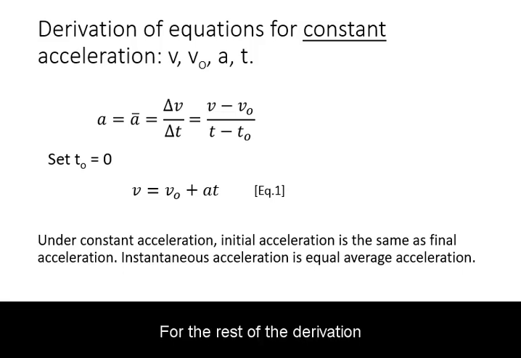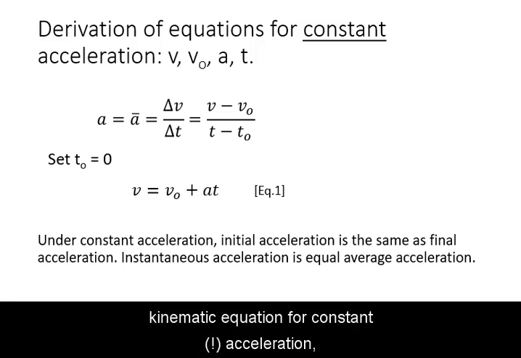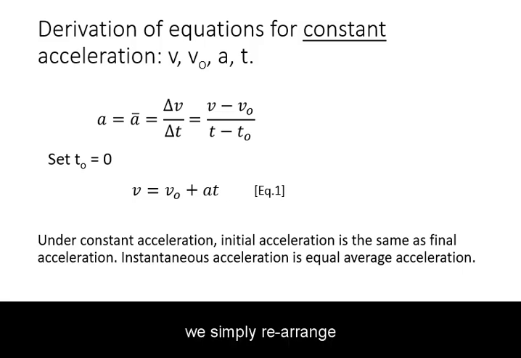For the rest of the derivation, we will choose our initial time as our reference 0 time. Hence, to get our first kinematic equation for constant acceleration, we simply rearrange the equation for average acceleration.